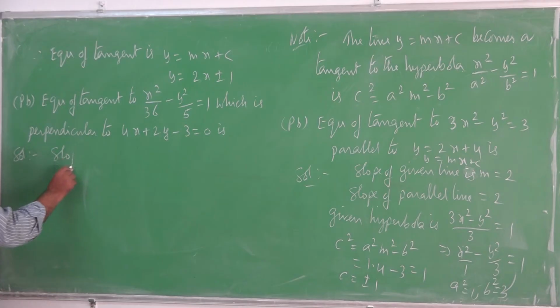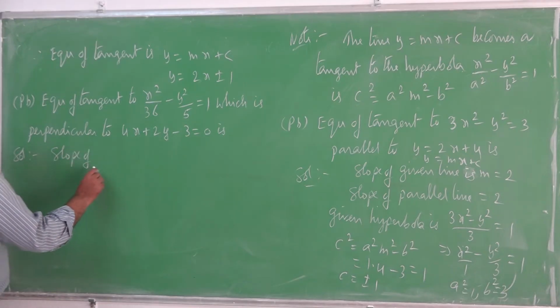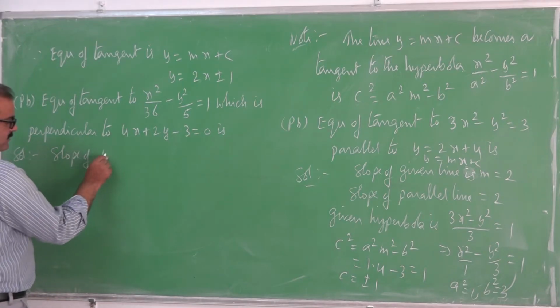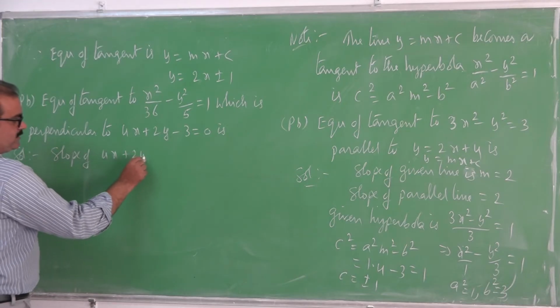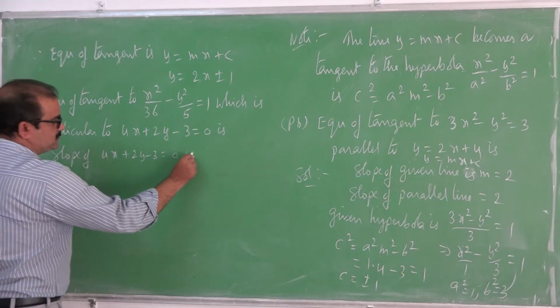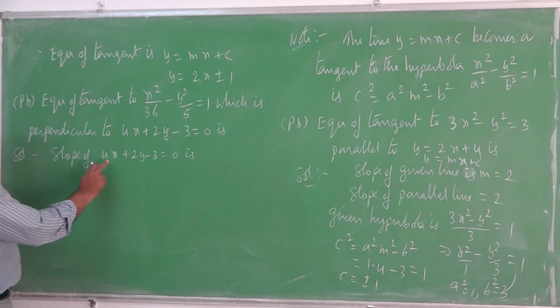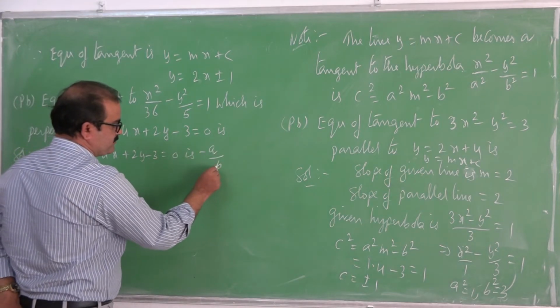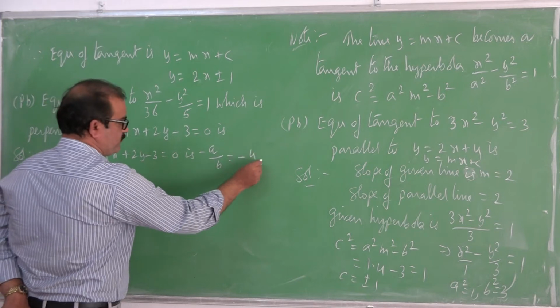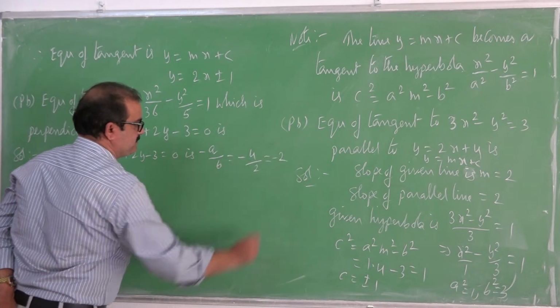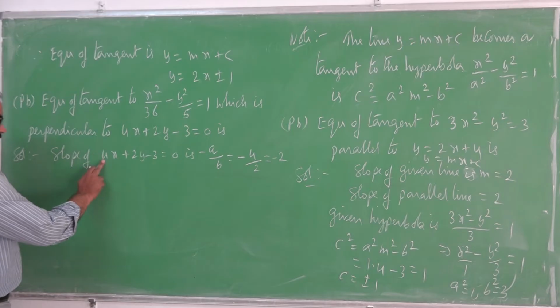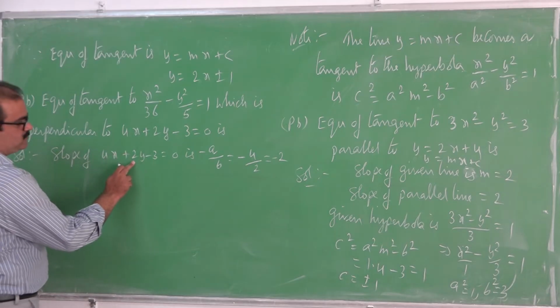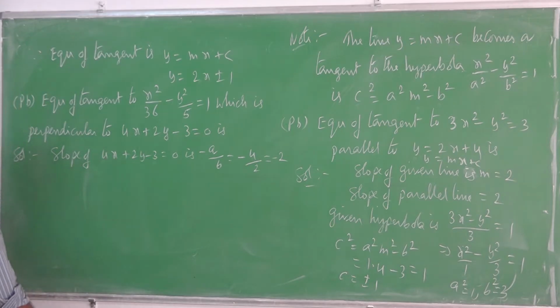Say what is the slope of given line? Slope of the line 4x plus 2y minus 3 is equal to 0 is, we know slope of ax plus by plus c is minus a by b, that is minus 4 by 2, that is minus 2. Here a is 4, b is 2, c is minus 3.